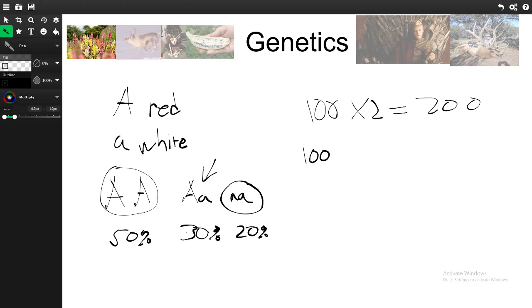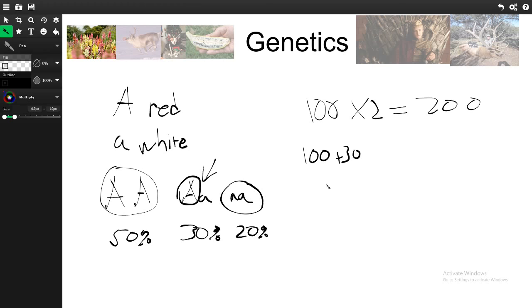Then we move over here to the heterozygotes, where 30 have a genotype of big A and little a. So what we could do here is we wouldn't multiply it by 2, since each flower only has one big A, we would just add 30.